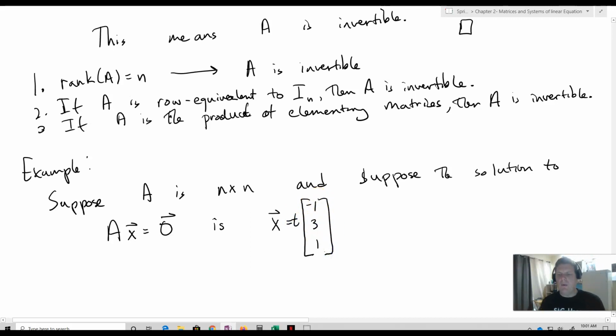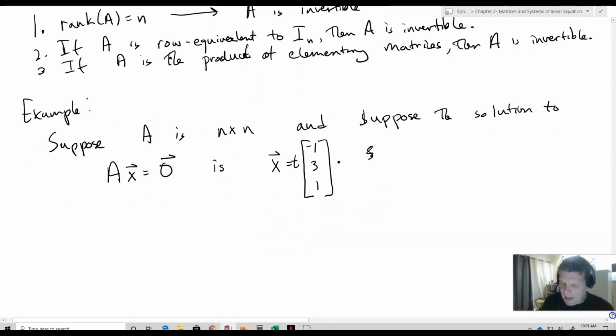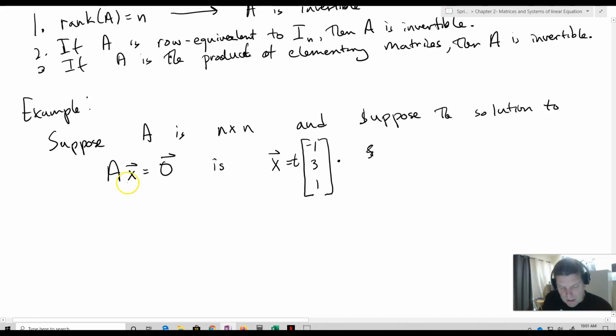Okay, so we've got t times negative 1, 3, 1. What am I asking? Is A invertible?